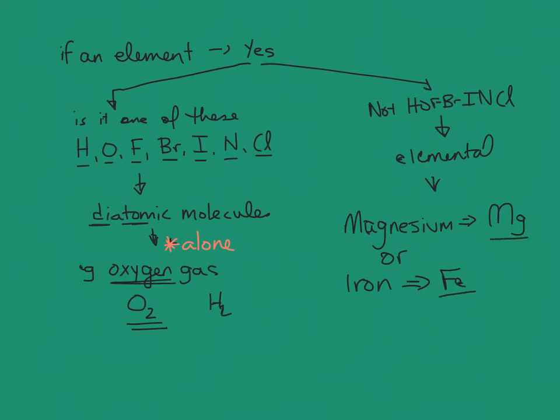So when you're looking at elements, if it's an element, yes, okay, is it Hofbrinkel? If it's one of the Hofbrinkels and it's all by itself, you write it as a diatomic. If it's not Hofbrinkel and it's elemental, then you would just write the chemical formula for what it is. Okay? All right, let's move on to ionic compounds. Okay?